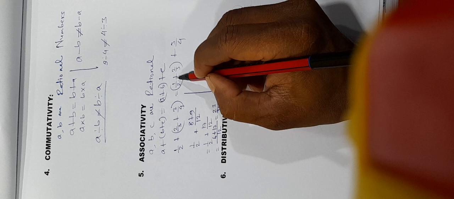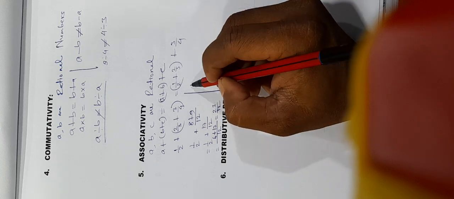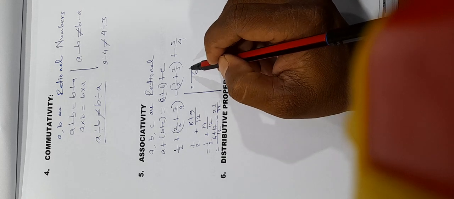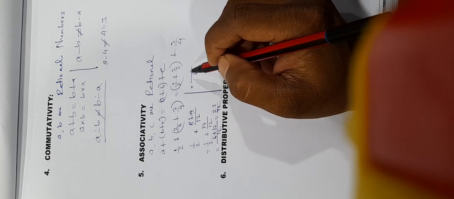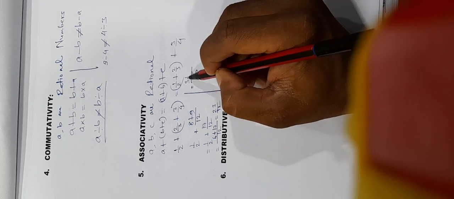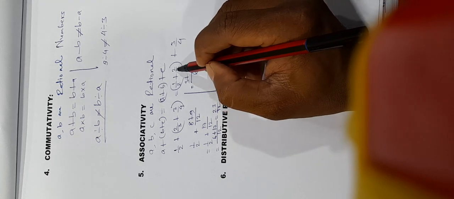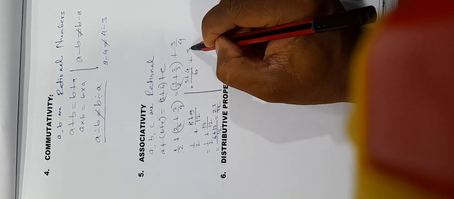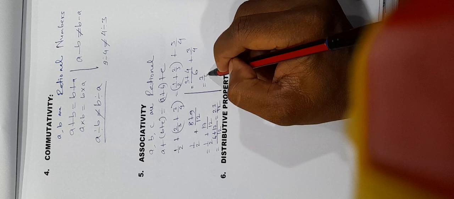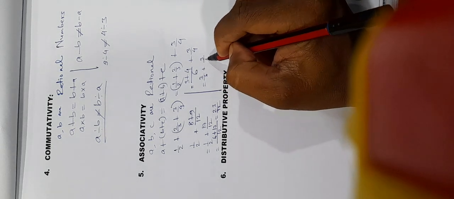Find the sum of the numbers within the parentheses. LCM is 6, right? Now 2 threes are 6, 3 ones are 3, 3 twos are 6, 2 twos are 4, plus 3 by 4, so 7 by 6 plus 3 by 4.